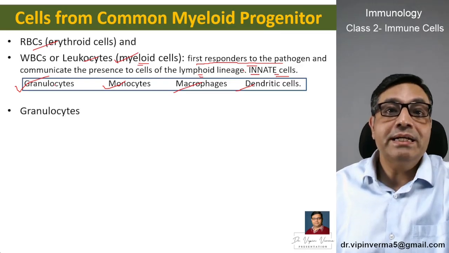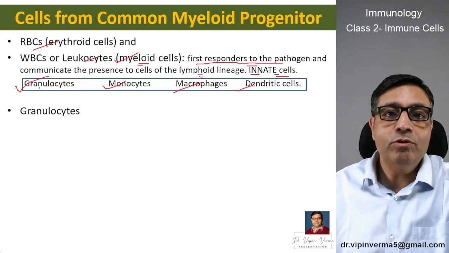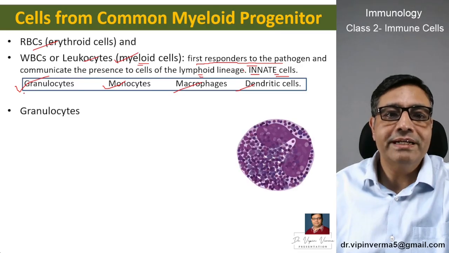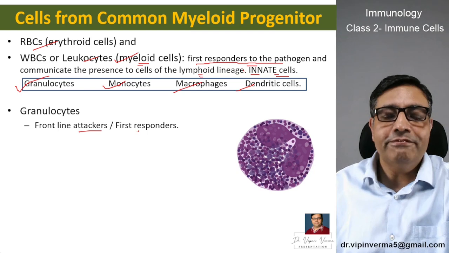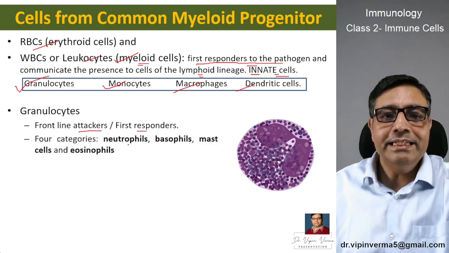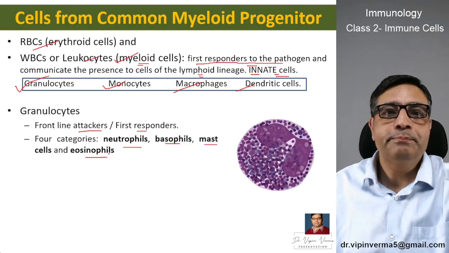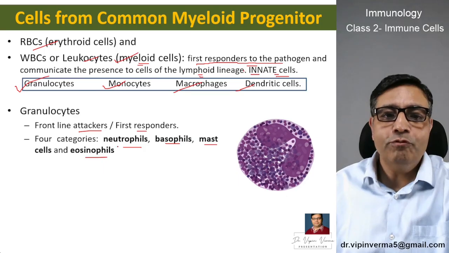So if we see the granulocytes further, then granulocytes are also of four different kinds. They are the frontline attackers, or they are the first responders. And these four types are the neutrophils, basophils, mast cells, and eosinophils. These four cells come under the group called granulocytes.